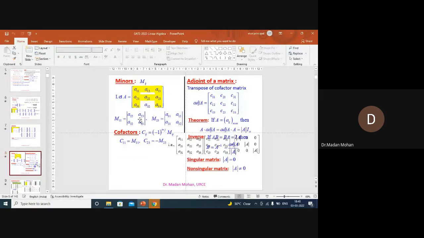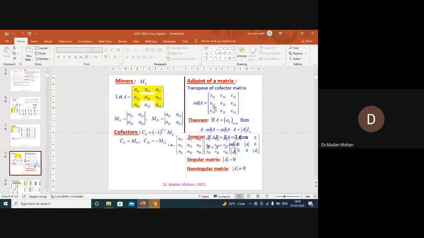Minors means the determinant of submatrices. Here I have taken second order minors of order 3 matrix. Minus 1 power i plus j into mij gives the cofactors. These minors and cofactors are numbers. If you arrange the numbers, when you replace these with their cofactors, we call cofactor matrix. Its transpose is called adjoint of the matrix.